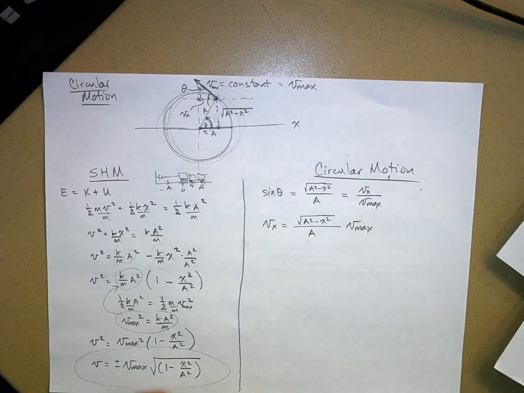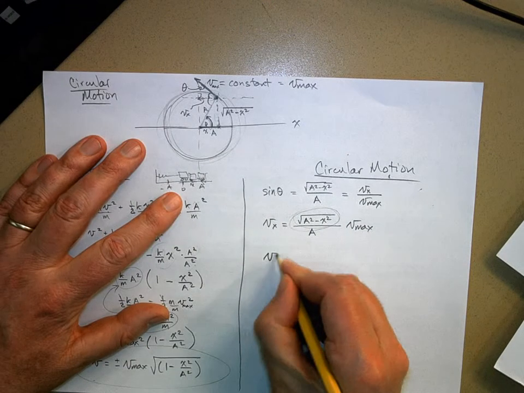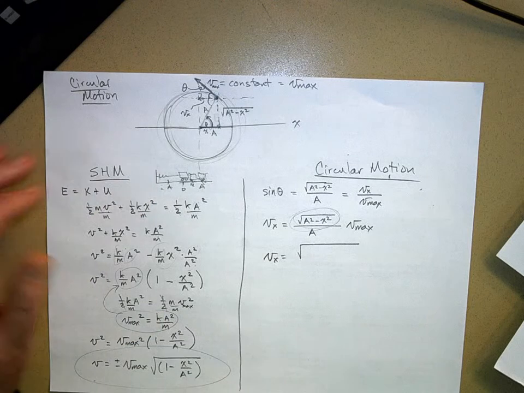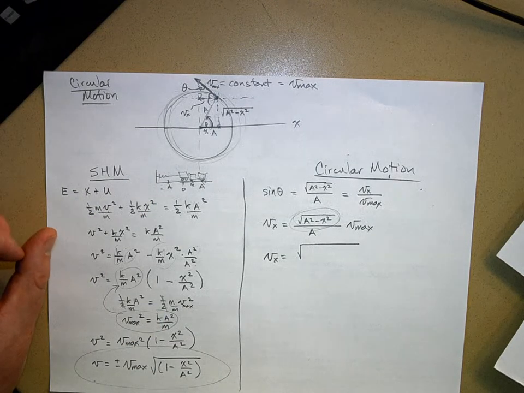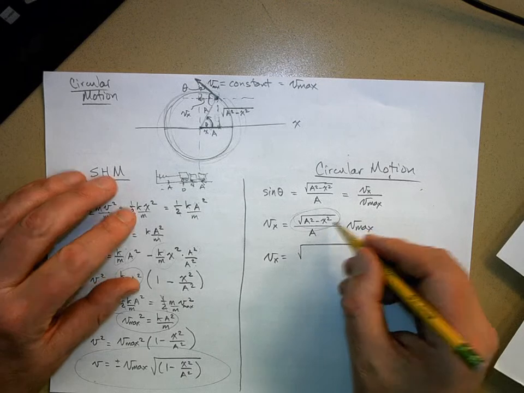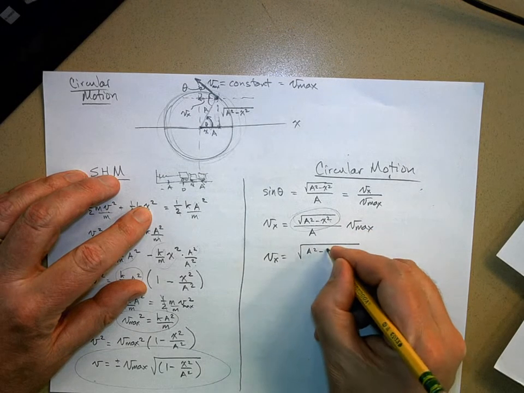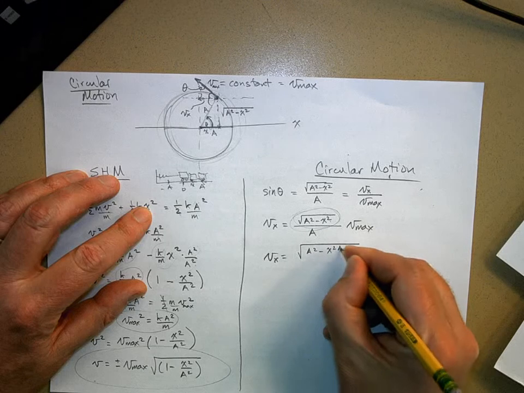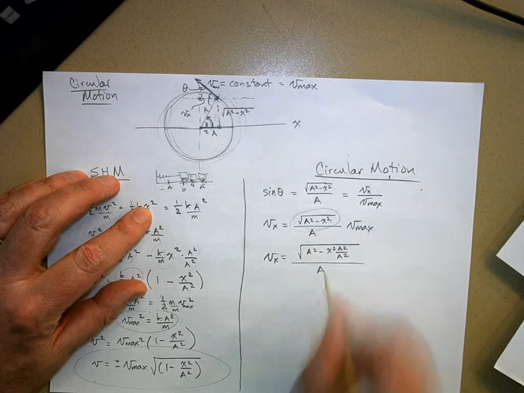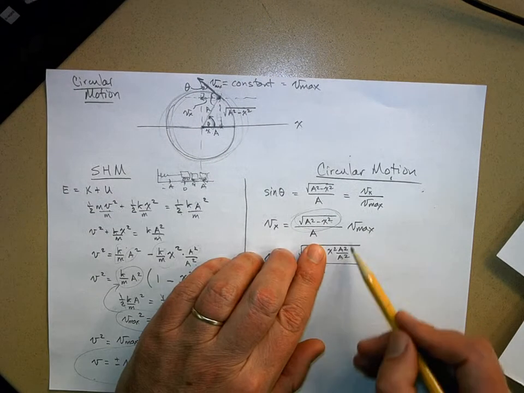Now let's take a look at this guy right here. I'm going to do a little algebra trick. Here we have an a squared minus x squared, and I'm going to multiply this by a squared divided by a squared. So this doesn't change anything, these two cancel out, but I'm not going to cancel them.